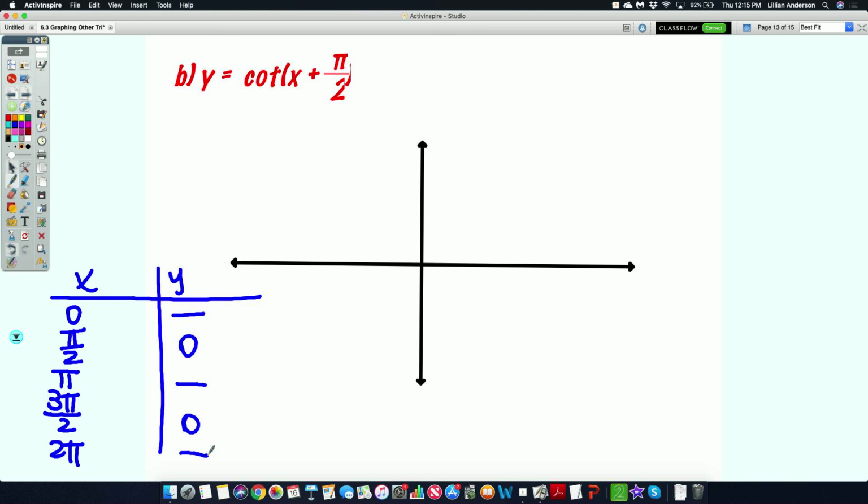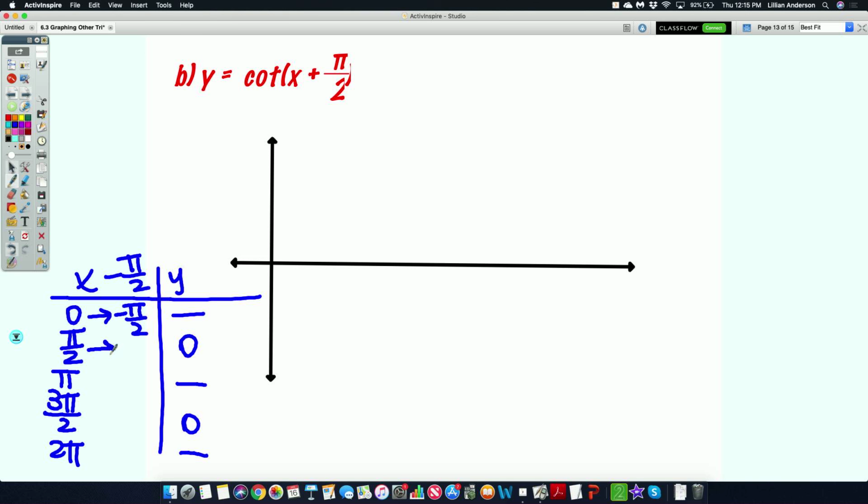What's happening to my x's? Subtracting pi over 2. Anything happening to my y's? No. So this becomes a negative pi over 2. The next one becomes 0. The next one becomes pi over 2. The next one, pi. The last one, 3 pi over 2.